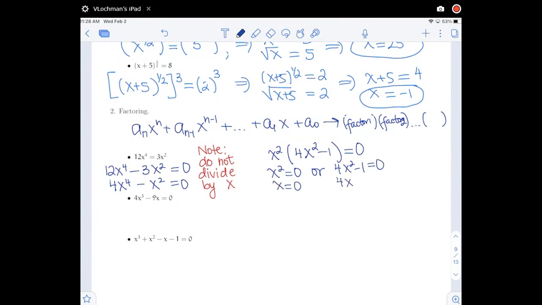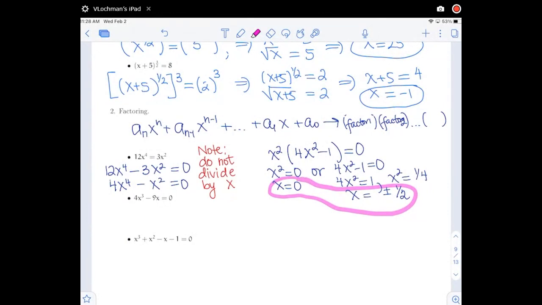Here we get 4x squared is equal to 1, so x squared is equal to 1 over 4, so x is equal to plus or minus 1 over 2. Okay, so our solution here is x is equal to 0. That's the solution you would lose if you were to divide by x, and then plus or minus 1/2.